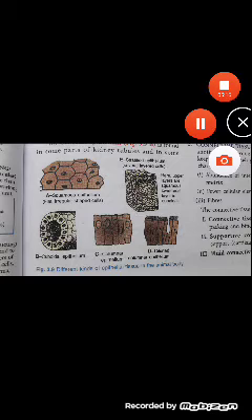Next epithelium which we are supposed to discuss is cuboidal epithelium. Cuboidal epithelium is found in some parts of kidney tubules and in some glandular ducts such as those of salivary glands and pancreatic duct.